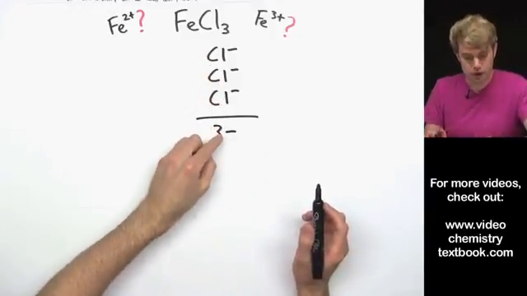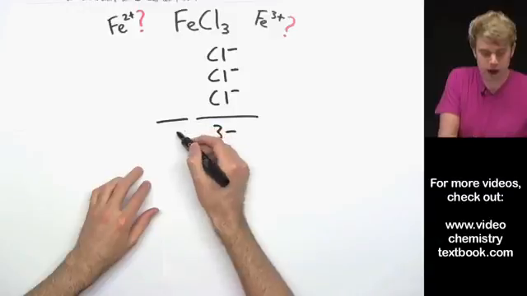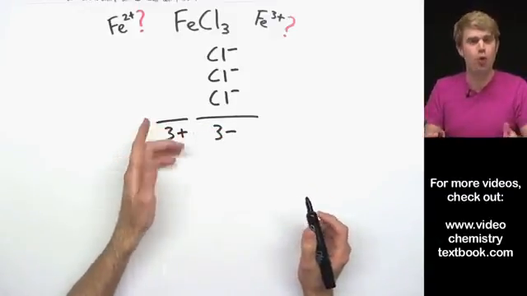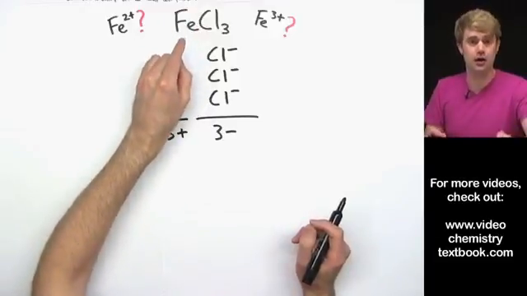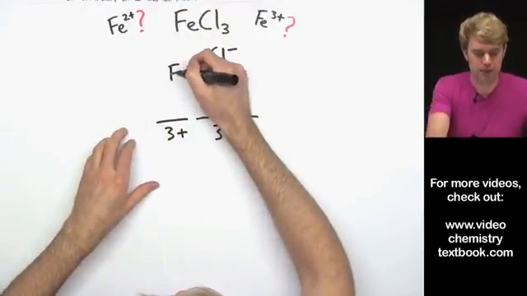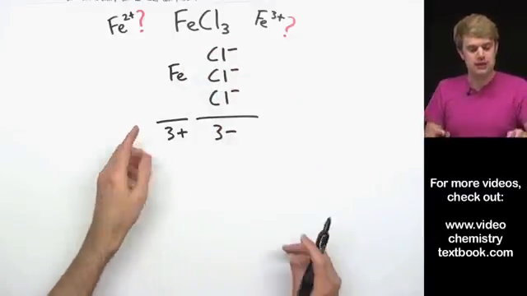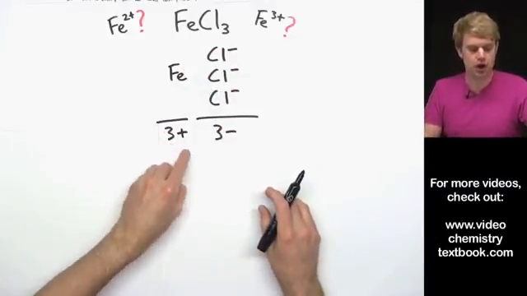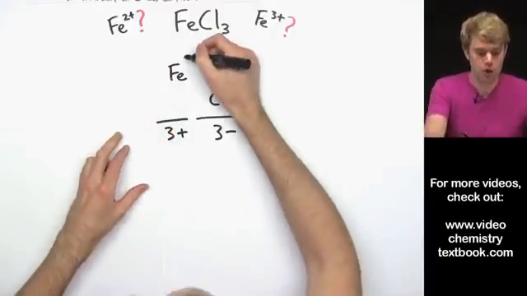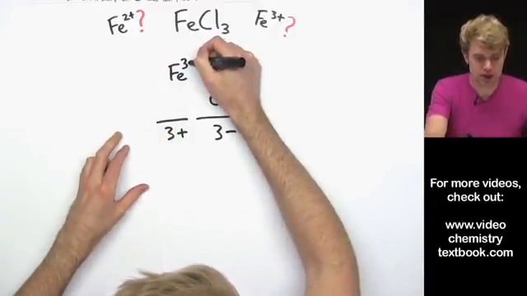So if we have 3- on this side, we've got to have 3+ on this side. So what's the charge on iron now? Well, there is 1 iron ion in this compound, which means that all of the positive charge has to be on this 1 ion, which means that its charge is Fe3+.